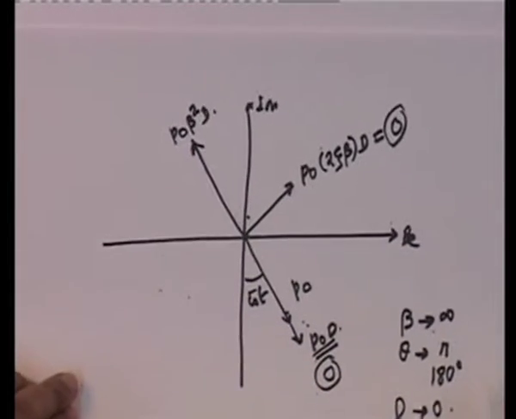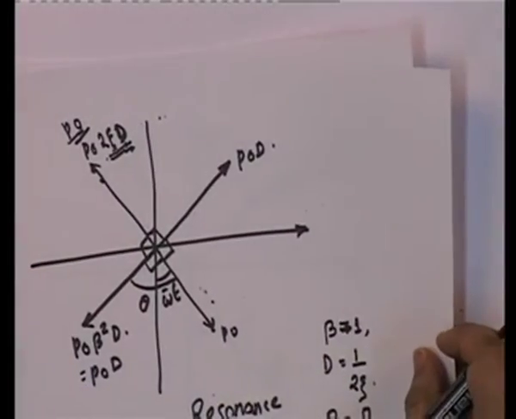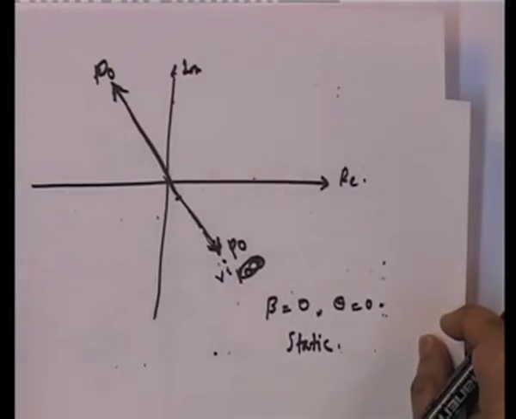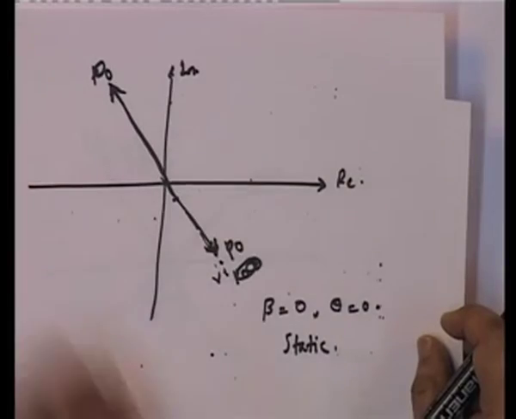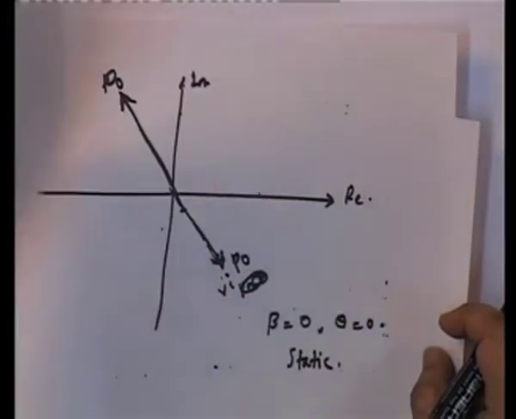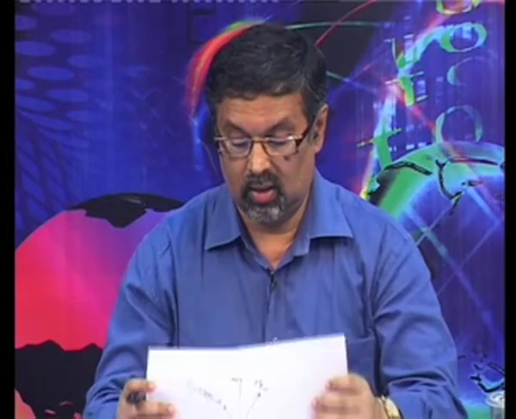So, you see, the Argand diagram actually tells you many very interesting things about what kind of mechanisms you have for various kinds of situations. Okay? So, I think I am pretty much done with response of a structure to harmonic loads.